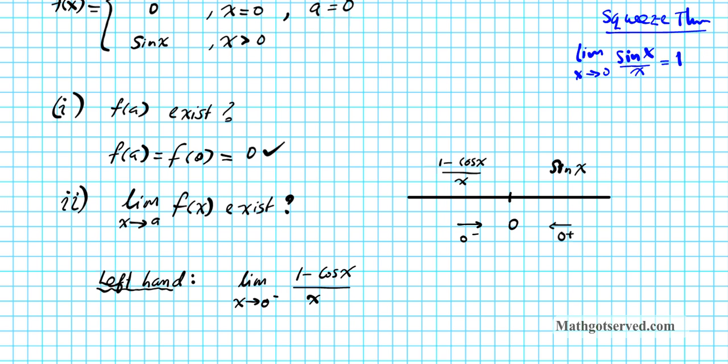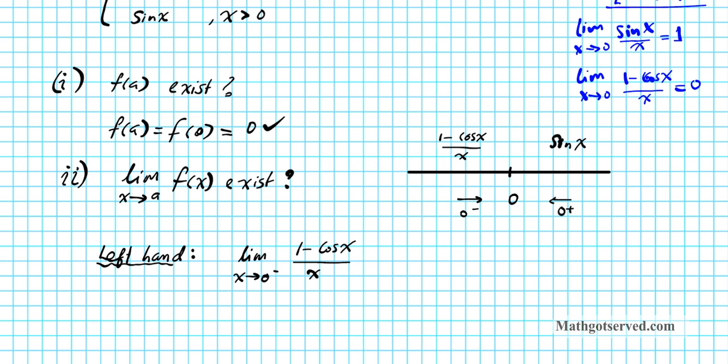You want to remember that, and also an extension of that is the limit as x approaches 0 of (1 minus cosine x) over x is equal to 0. Okay? Alright, so let's show that this is the case.